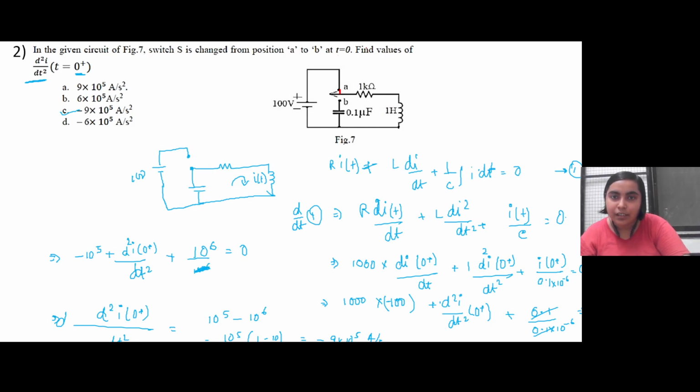Just after it, the switch is connected to B. Now the capacitor will start charging, and the inductor, which had an initial current flowing through it, will start to diminish and will charge this capacitor. So you have to take into account what is asked in the question and solve accordingly.